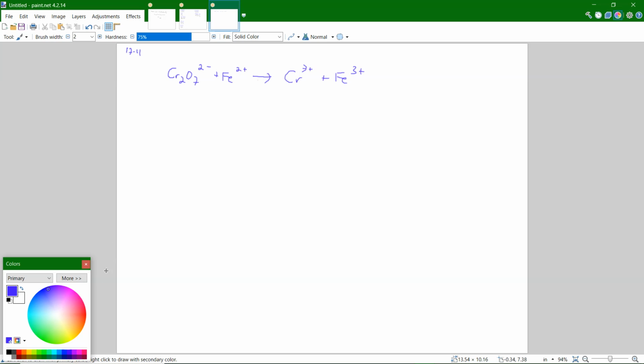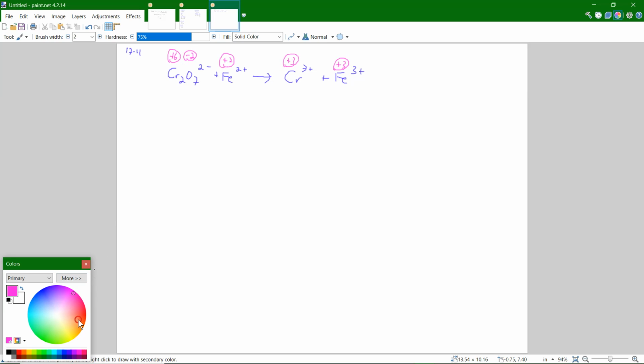This is example 17.4, and this is what we want to solve for. So we have to start by assigning oxidation numbers. Oxygen is minus 2, chromium is plus 6, iron is plus 2, chromium is plus 3 in Cr3 plus, and iron is plus 3 in Fe3 plus.